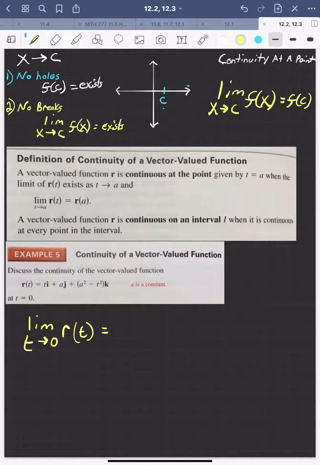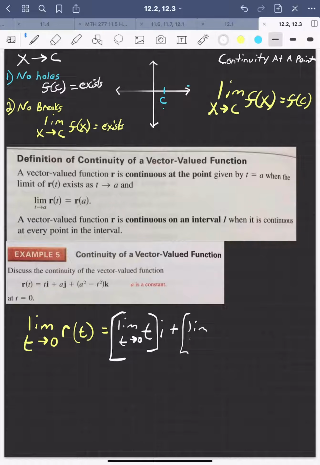And the good news is we're just going to take the limit component by component. So let's take the limit as t approaches 0 of t, and we'll do the same thing with the j component and the k component. So bear with me, let me write it.